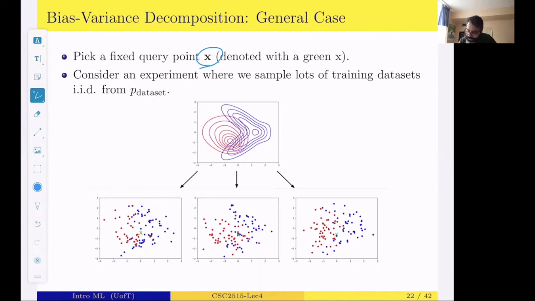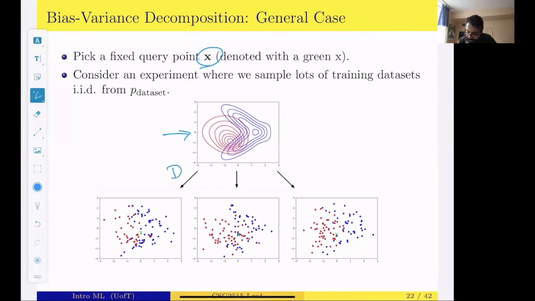So what does it mean? Visually, what I'm showing here is two distributions. This is the classification case. One distribution is the red distribution, the other is the blue distribution, like one for class 0, the other for class 1. And we get samples, like 100 samples from each of them.